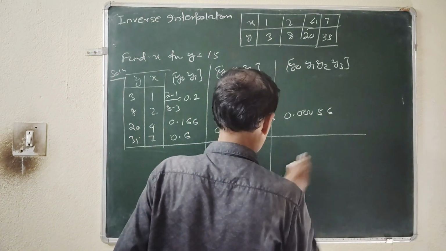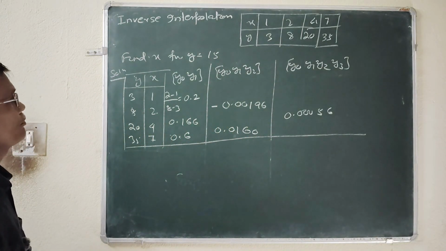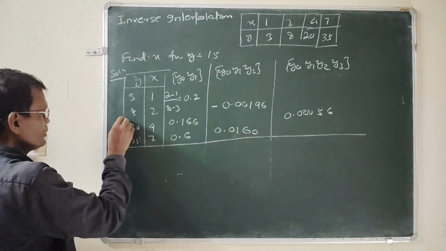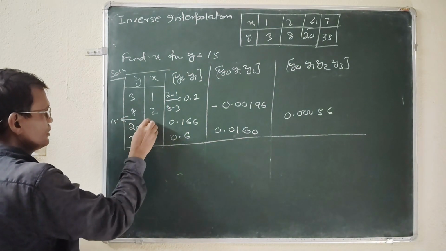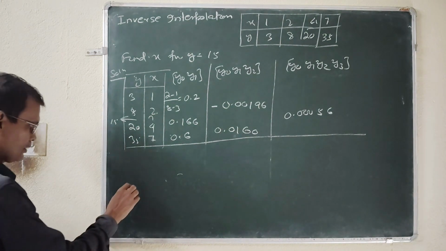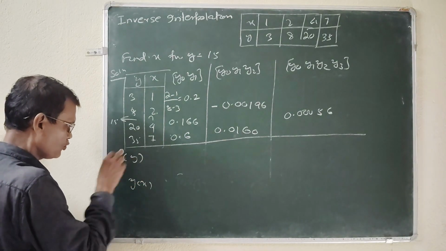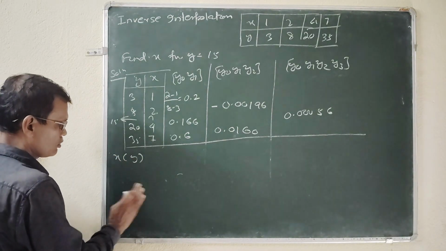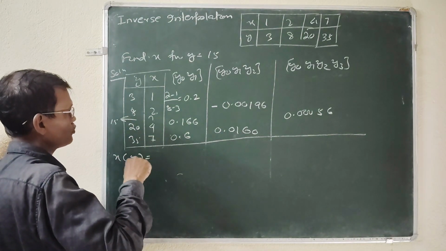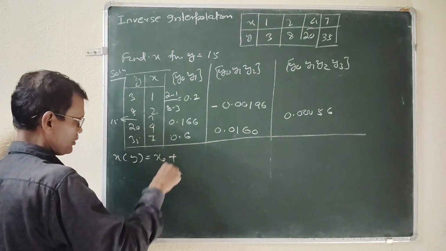So this is our divided difference table. Now we have to calculate the value of x for y. That means if y is 15, then what is the value of x? In the previous example, we were writing the functions as y of x, but here we will write x of y, meaning input will be y and we have to find x of y. In the previous formula we were writing y0, but here we will write x0 plus.